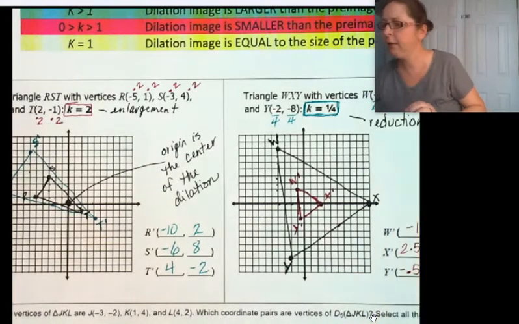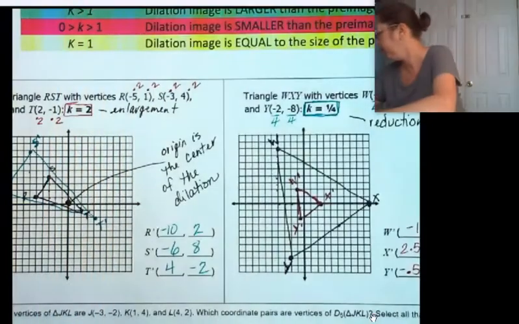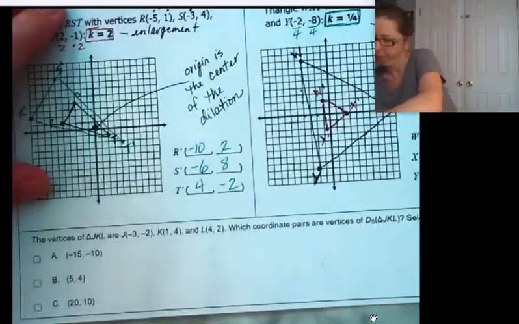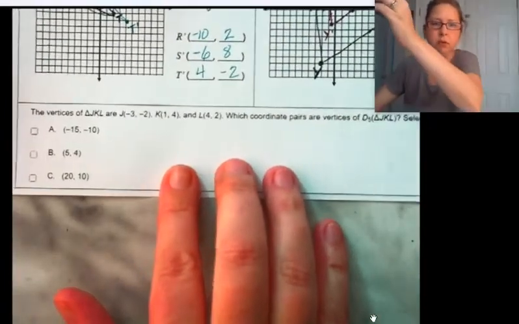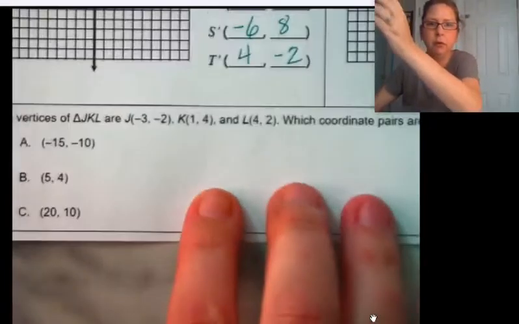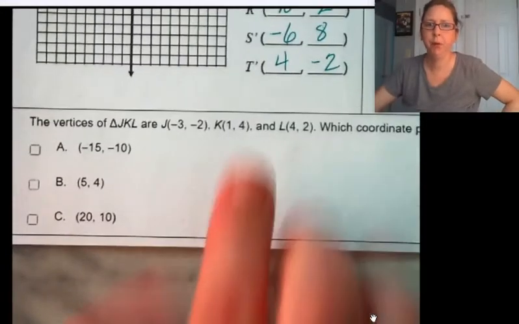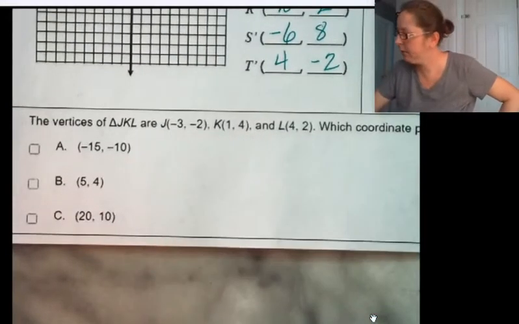So let's look at this bottom example. The vertices of this triangle are right here, okay? 3 vertices.